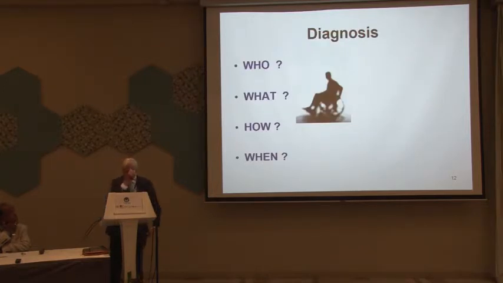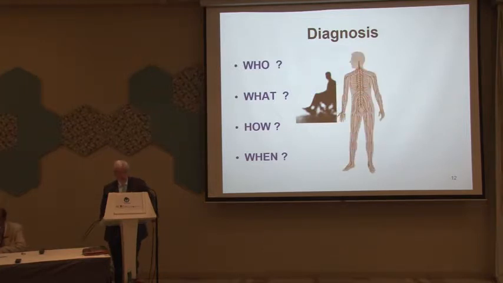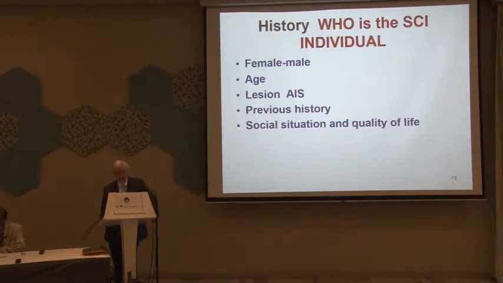What we have to do now is make a proper diagnosis of what happens in the lower urinary tract. And that is looking at different things. Who is this person? What is the lesion? How does it affect the urinary tract? When has it happened? For instance, is it a man or a woman? That will change our approach.